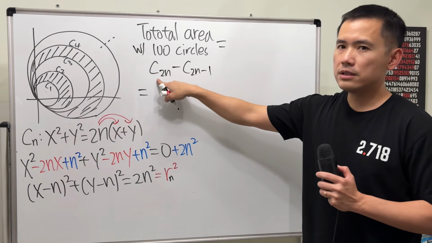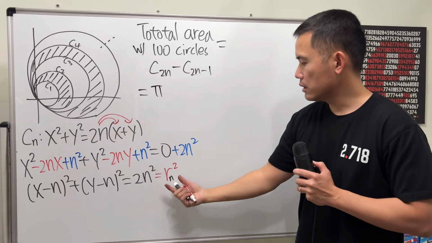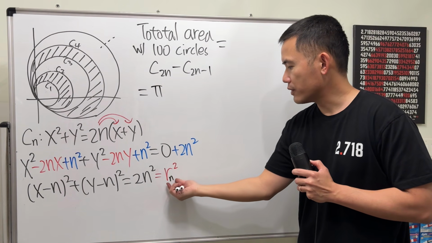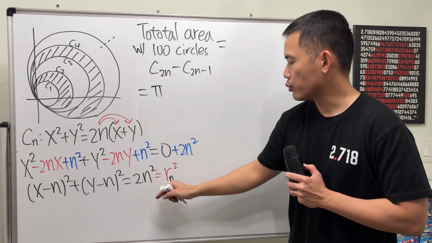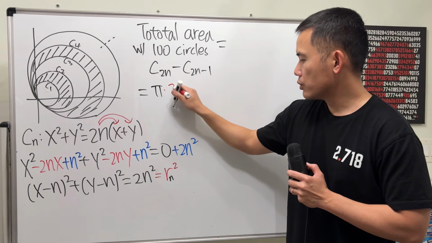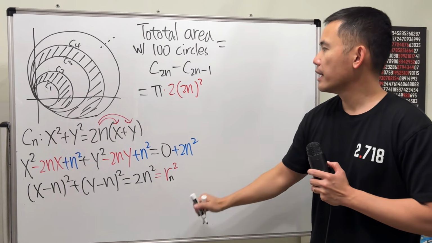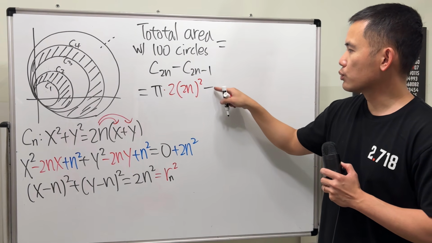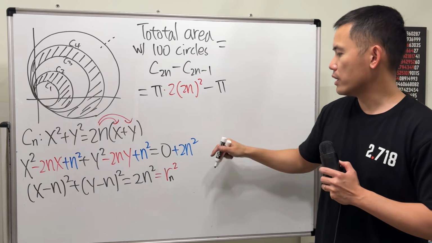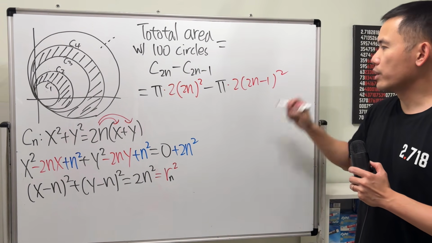Okay, for this circle, it has the area pi r squared. And for the r squared, I can just go ahead and plug in whatever this is into here. The subscript is 2n, so I have to plug in 2n right here. So that will be 2 times (2n) squared. Okay, and then minus C(2n minus 1), same thing, pi r squared. So we just multiply 2 times (2n minus 1) squared.